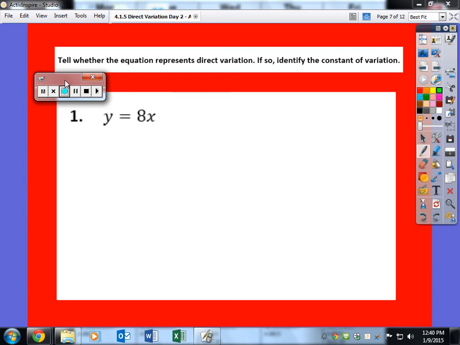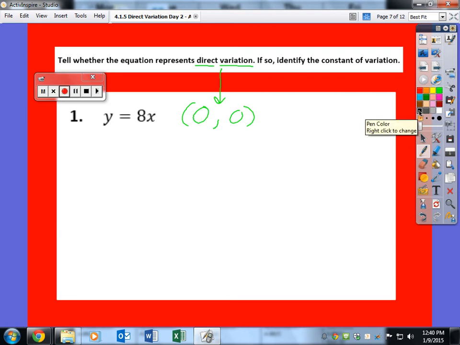Okay, here we're dealing with direct variation. As we've said in class, we should always have a y-intercept of 0, 0. So for these first three questions, all you're really looking for is whether or not the equation has a 0 for its y-intercept. For instance, y equals mx.